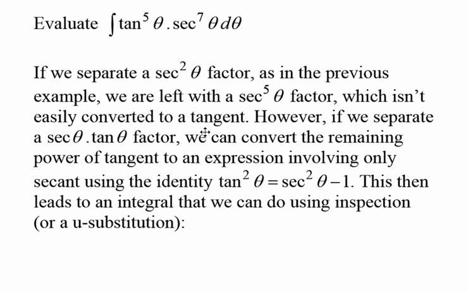However, if we separate sec theta times tan theta, so we take out one of those sec thetas and one of those tan thetas, we can convert the remaining power of tangent, because it's tan to the power of 4 theta, to an expression involving only secant using this identity: tan squared theta is sec squared theta minus 1. So this then again leads to an integral that we can do using inspection. Let's see how that works out.